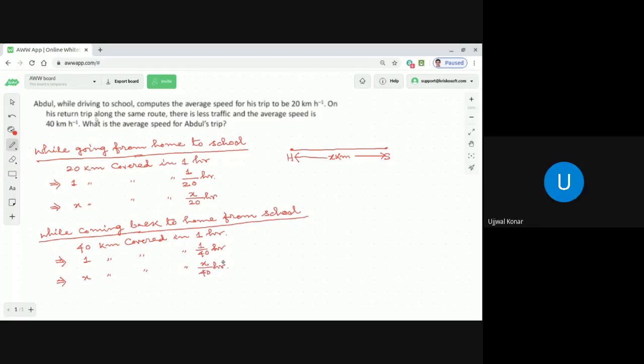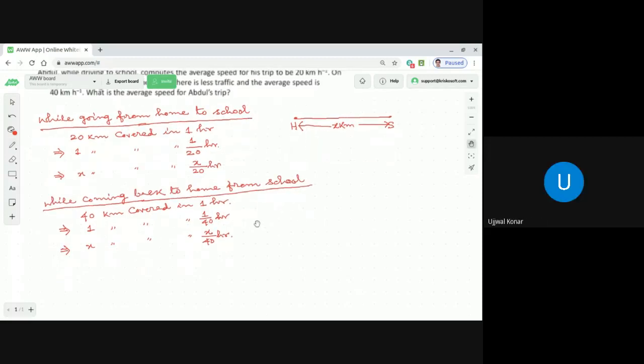Correct? So what is the total distance covered by Abdul? 2x, right? And it is covered in how many hours? x by 20 plus x by 40 hours. Correct or not? Clear or not clear?